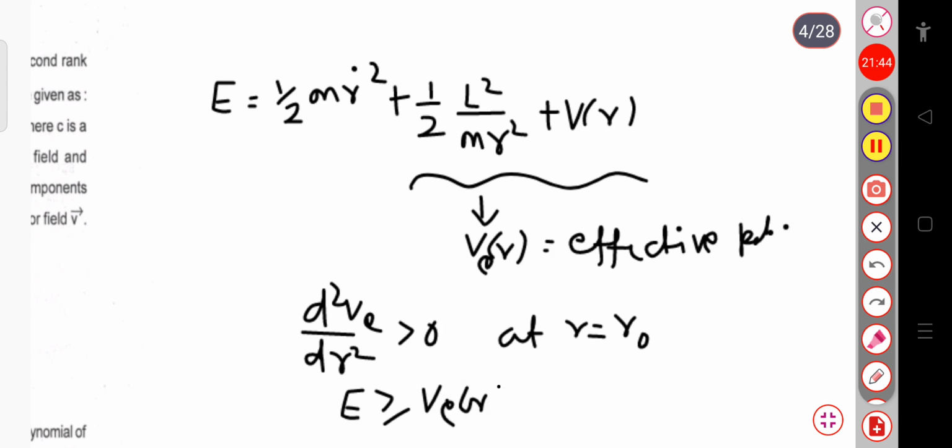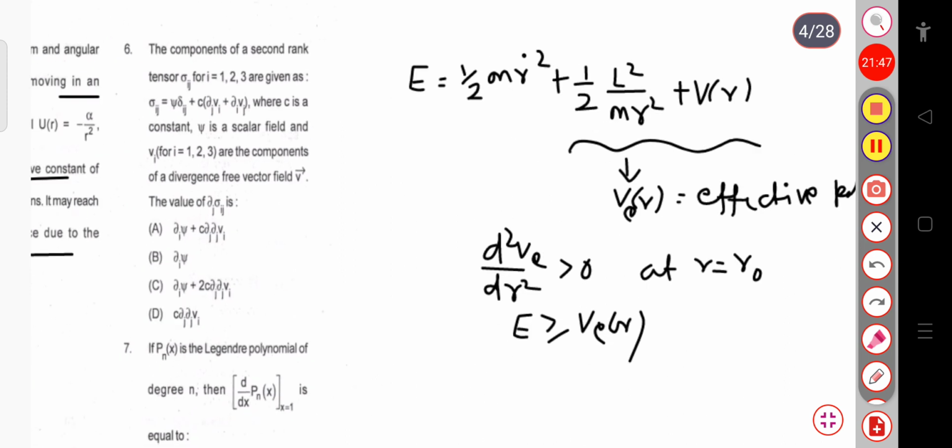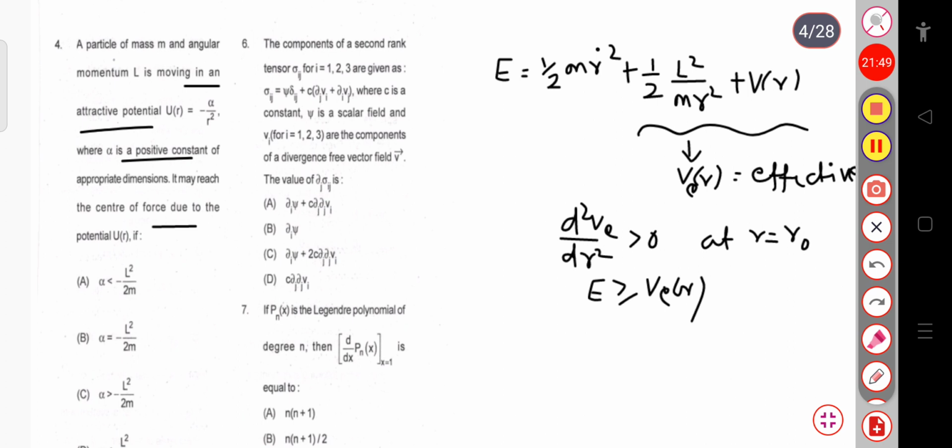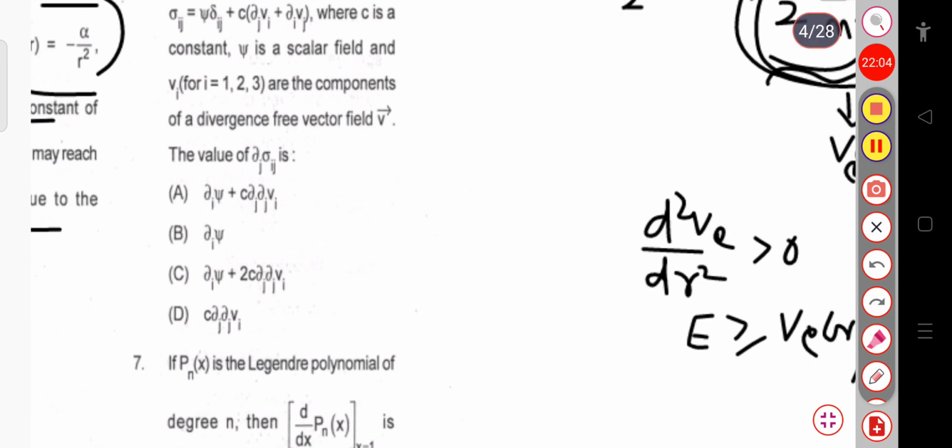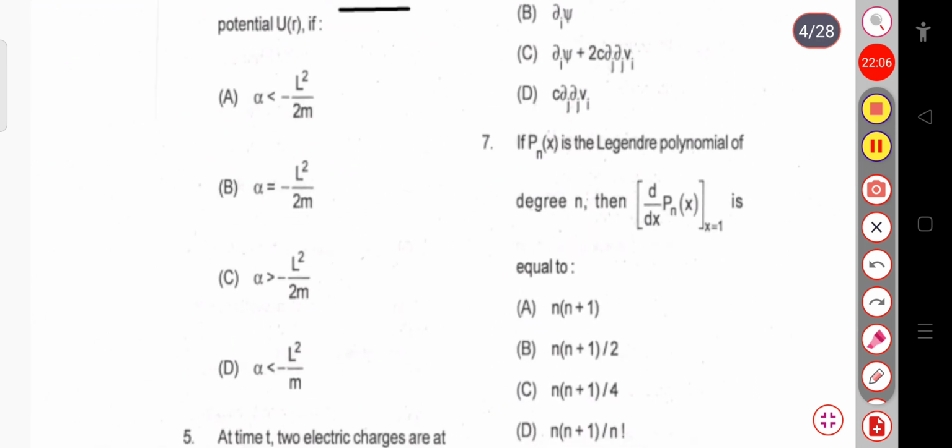Here in place of L square by 2mr square, the term is minus alpha by r square. So basically this is your alpha, and this part is your L square by 2m. You have to check whether alpha is related to L square by 2m or not. In all three options L square by 2m is given, so D is not the answer.